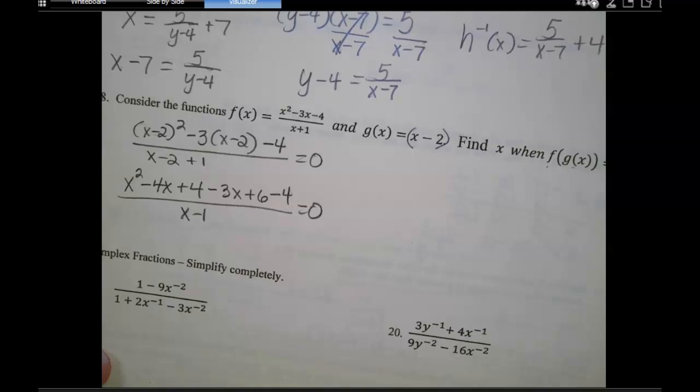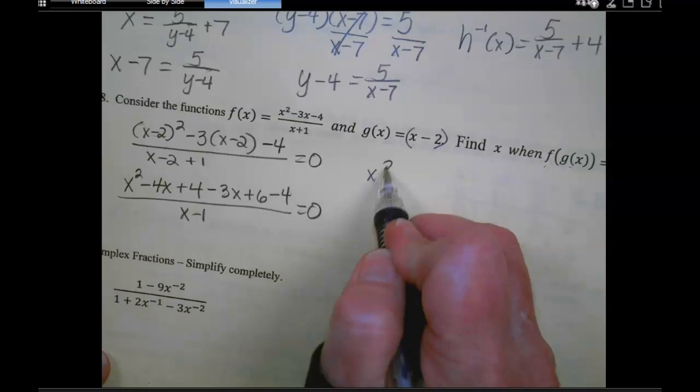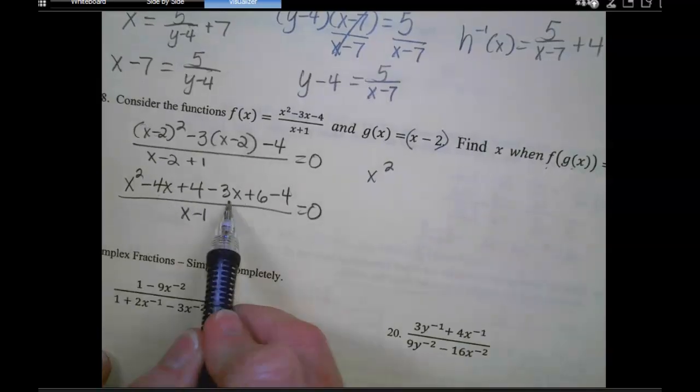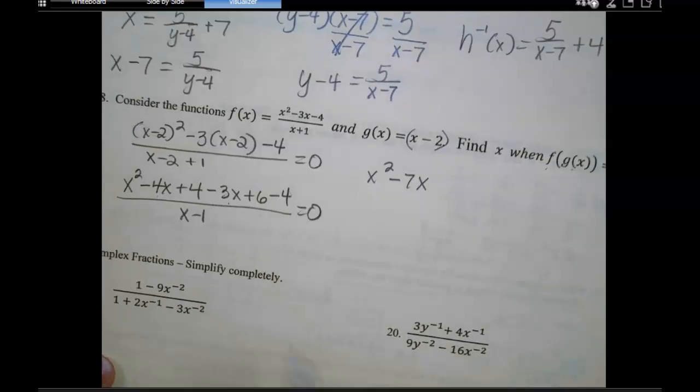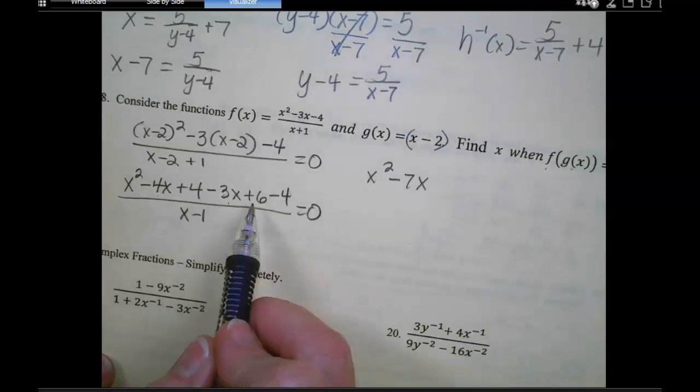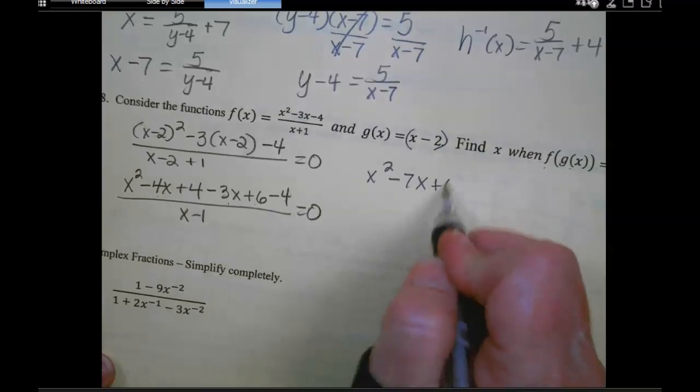Everybody okay? Okay. Now on top, I have an x squared. I have minus 4x minus 3x. So what does that give me? Negative 7x. And then I have 4 plus 6, which is 10, minus 4. And so that gives me 6.